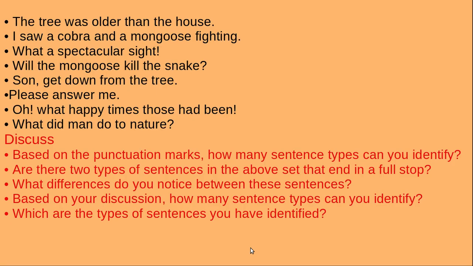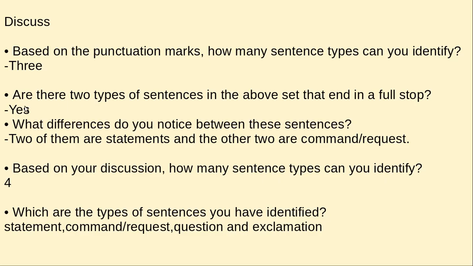And again, next one. Do the two sentences in the above set end in a full stop? Certainly. You can see this set ends in a full stop and these two end in a full stop. Then you can see that, yes, right?